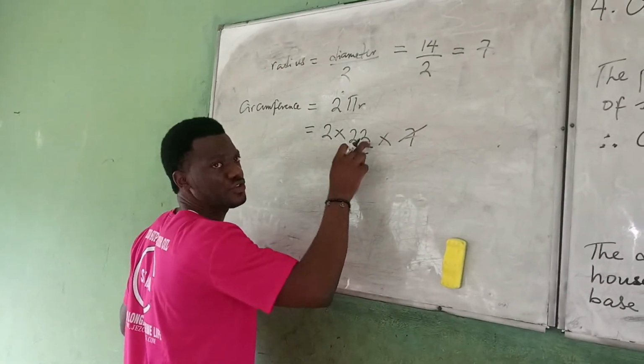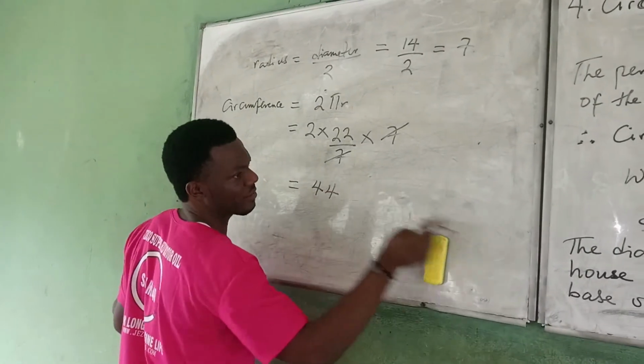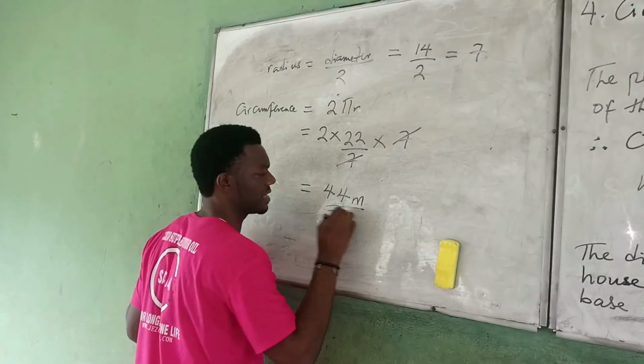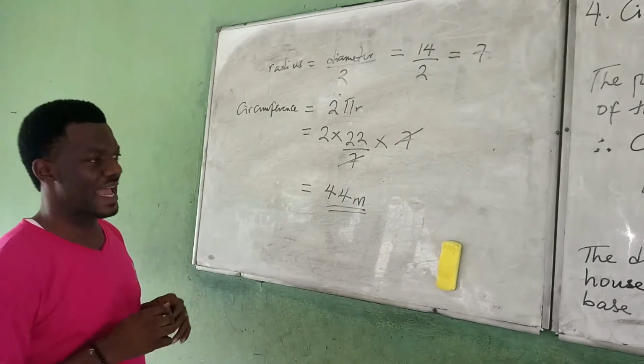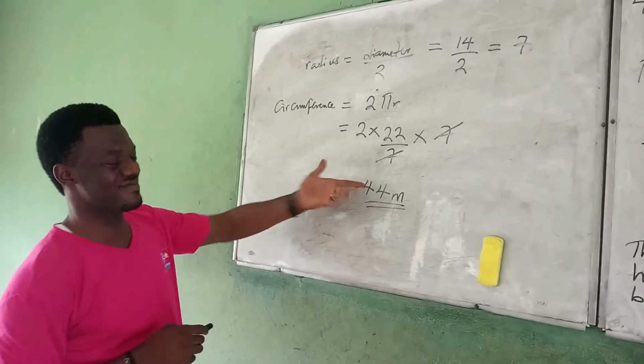Now 2 times 22 will give you 44. And what is the unit, meter or centimeter? 44 meters. So that is the answer. The circumference of the base of the house is 44 meters.